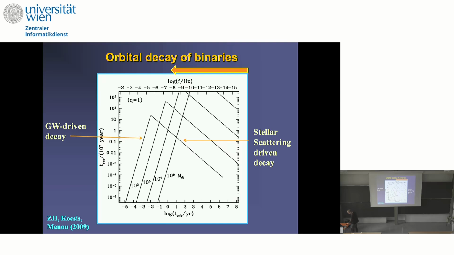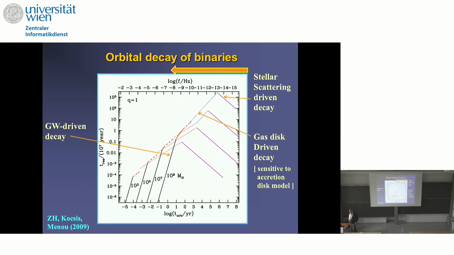And then when you put in the gas, the effect of gas from these circumbinary disks, you basically get this regime. For example, let's look at 10 to the 7 solar mass. Initially it's shrinking due to stars. Then it goes through different stages of the disk, then quickly shrinks, and then gravitational waves take over.